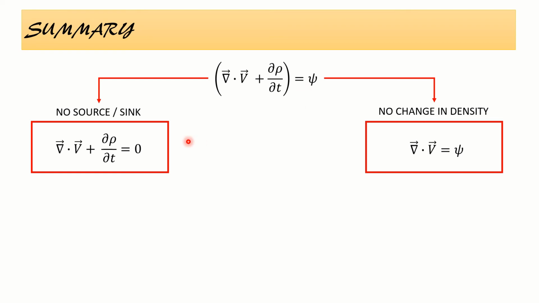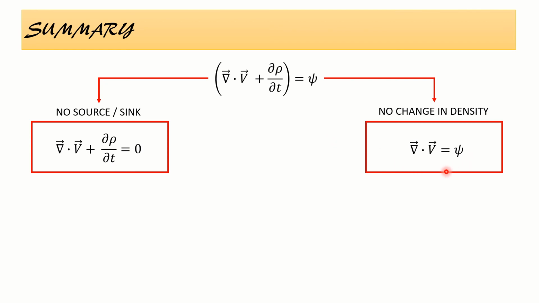So of course now you actually have three situations. You have a general expression like this, where you have the change in the density over time and you have a source, or the case where you have no source but you have a change in the density, or you have no change in density but you have a source.